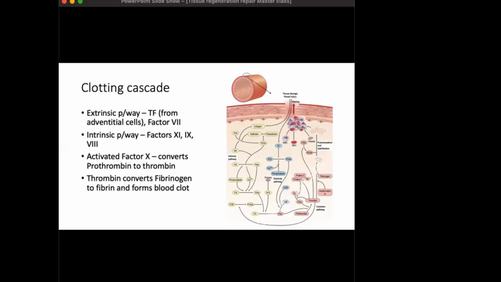So extrinsic pathways involve the tissue factor and factor 7, and intrinsic pathways involve factor 9, 10, 11, and 8. And both these pathways basically activate factor 10, which then converts prothrombin to thrombin, and then thrombin converts fibrinogen to fibrin, and then form the blood clot.